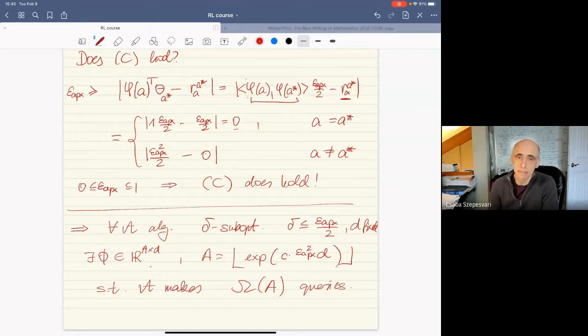So if you're demanding that the suboptimality is smaller than the approximation error, so you avoid the blow-up factor of square root of D, then you're going to make exponentially many queries.